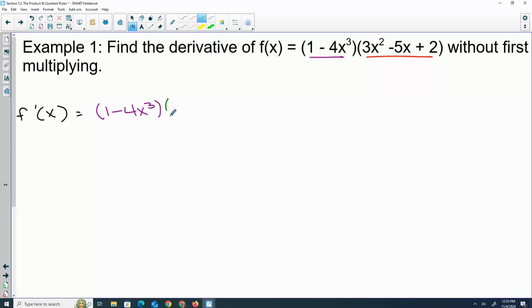Times, what's the derivative of the second one? 6x minus 5. Okay. Plus, negative 12x squared, the derivative of the first one, and the second one stayed the same.